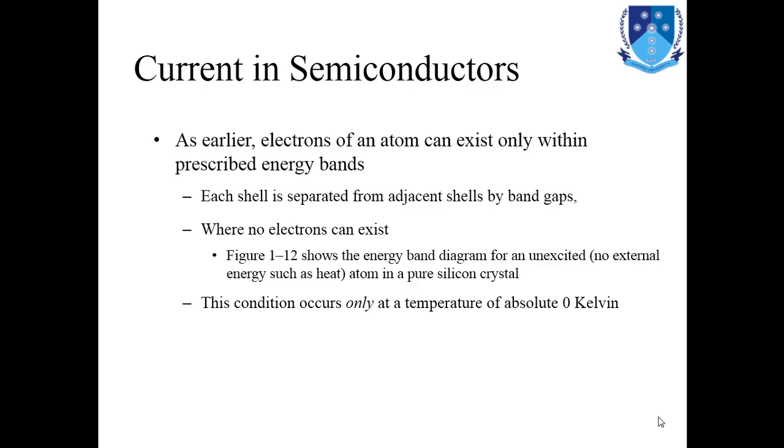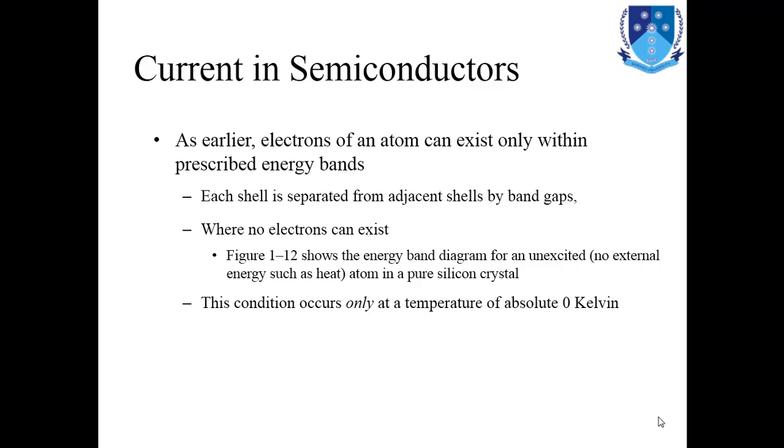Figure 1.12 shows the energy band diagram for an unexcited atom. An unexcited atom is one which has no external energy, such as heat energy or light energy or any sort of external energy. So figure 1.12 shows the energy band diagram for such an unexcited atom in a pure silicon crystal.